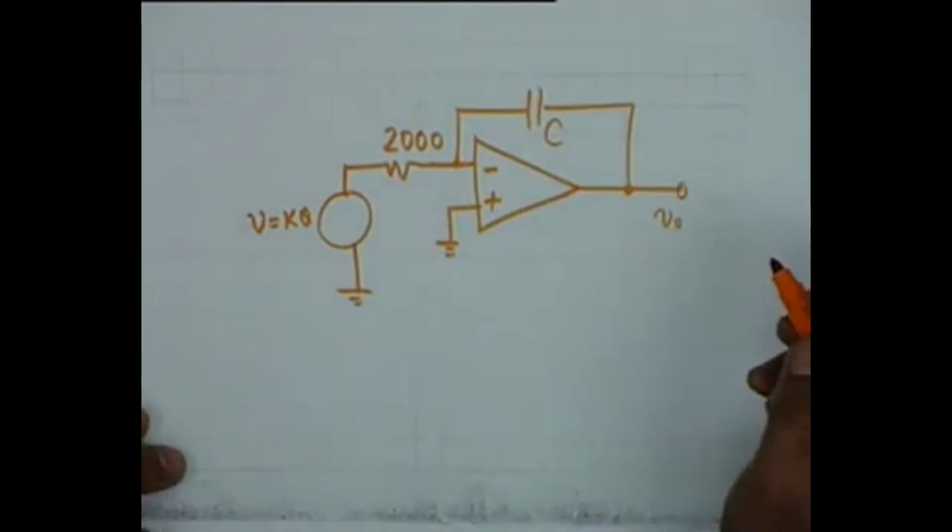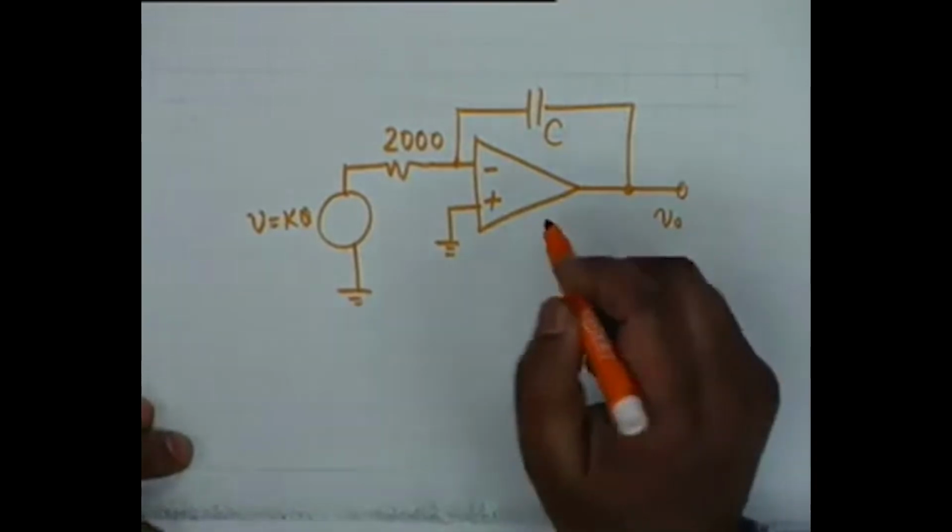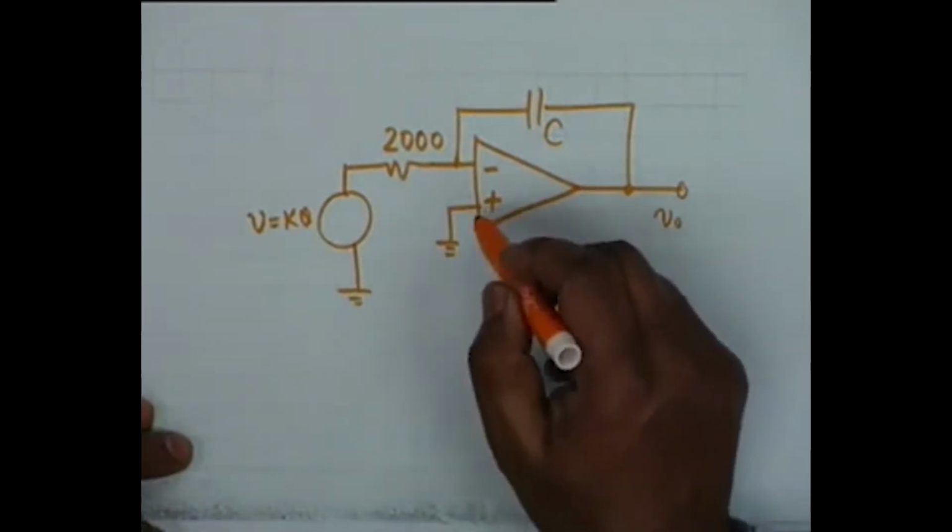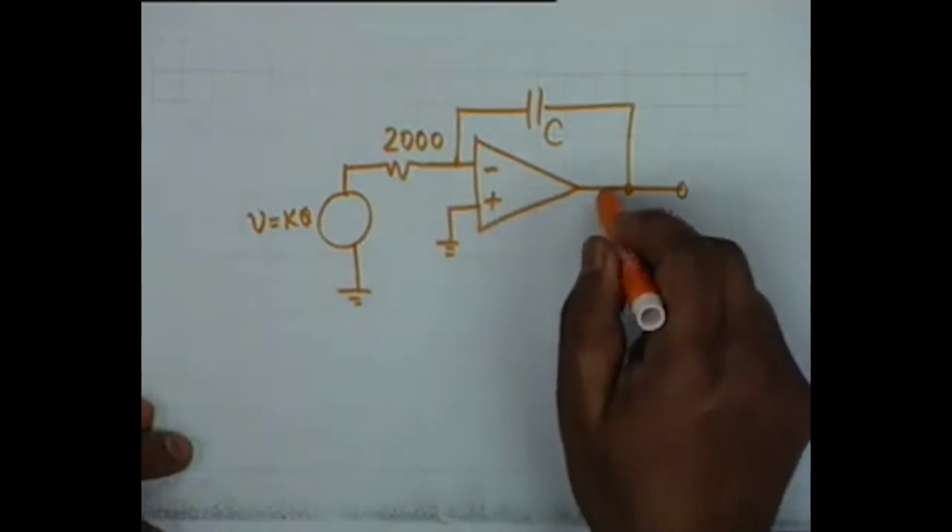So why do we use only the inverting terminal of the op-amp? Why don't we use the non-inverting also? There is a reason. Anything connected from the non-inverting terminal to the output causes positive feedback.